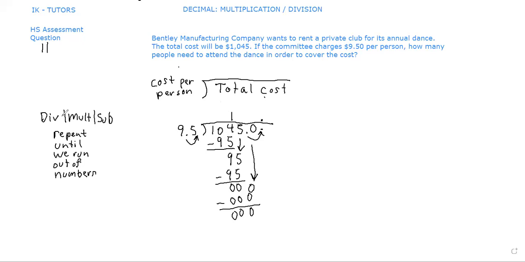That takes care of the division part. Now we're going to do the multiplication. 1 times 95 is 95. We're going to write that underneath the 104, and that takes care of the multiplication. Then we're going to do the subtraction. 104 minus 95 is 9.